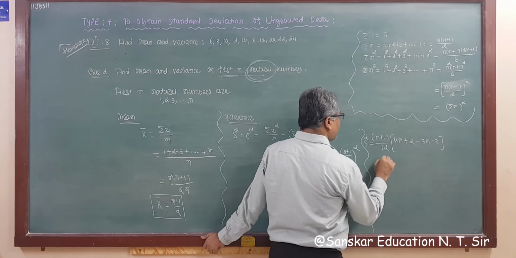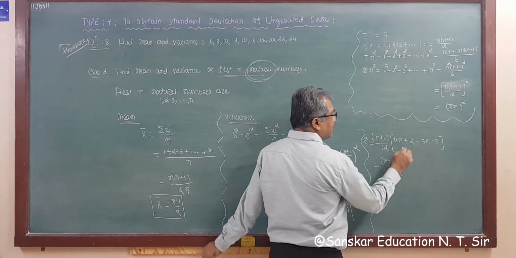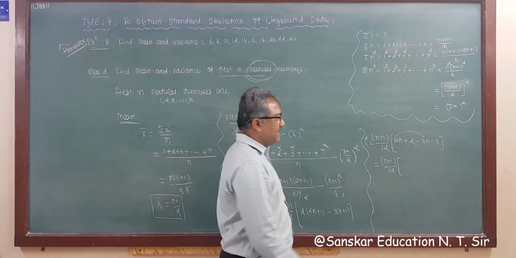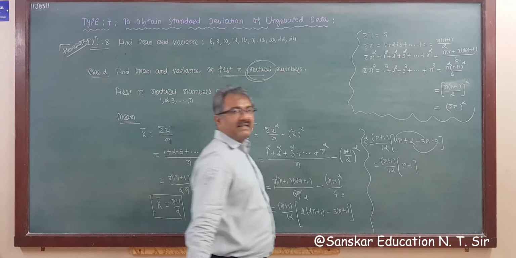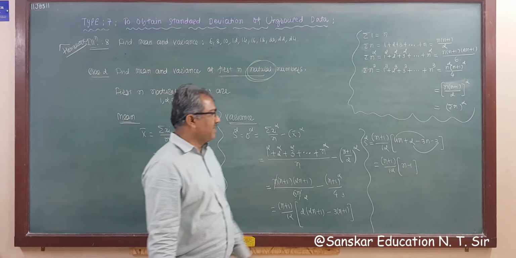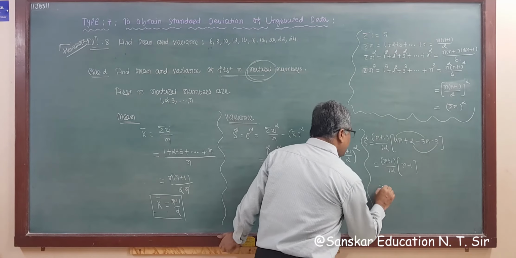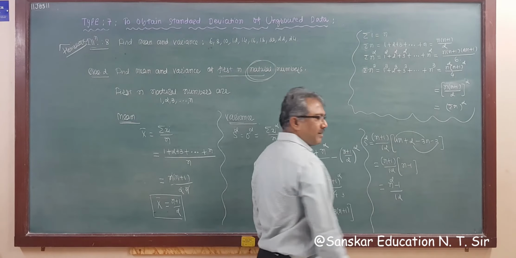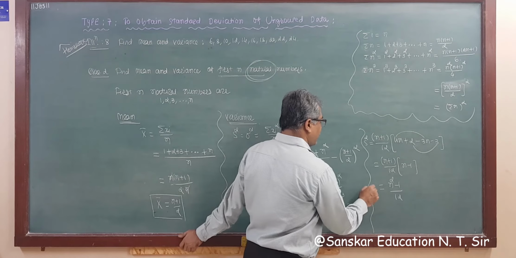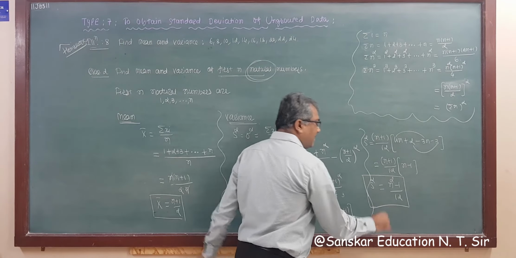So this is equal to n plus 1 by 12, and 4n minus 3n is n, and 2 minus 3 is minus 1, so n plus 1 into n minus 1 is n square minus 1, so this is n square minus 1 by 12, right? So the variance s square is equal to n square minus 1 divided by 12.